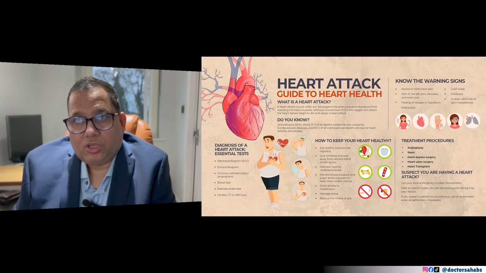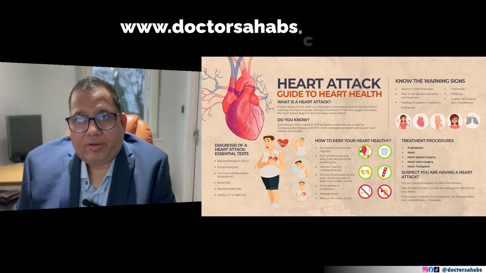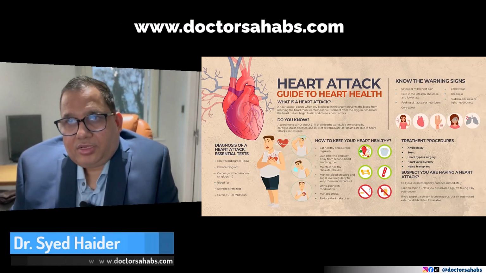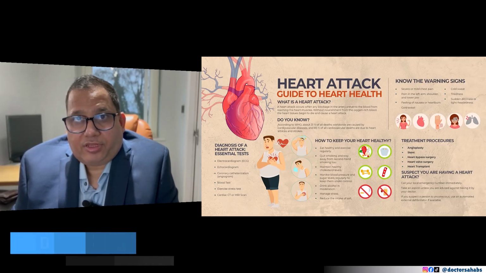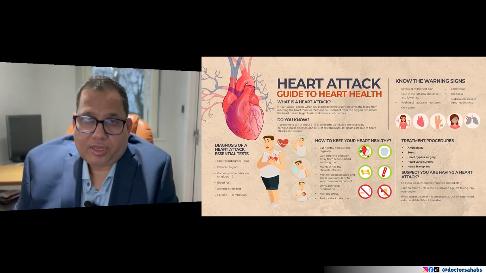They use those agents to dissolve the clot. But they will perform coronary angiography, and if the thrombolytic doesn't work, then they will perform coronary angioplasty with stenting, or they can perform coronary artery bypass grafting as well.